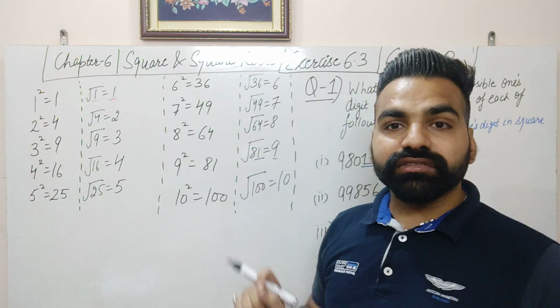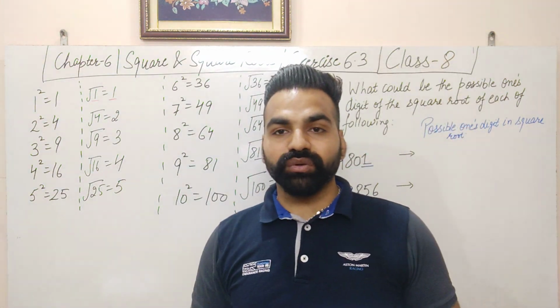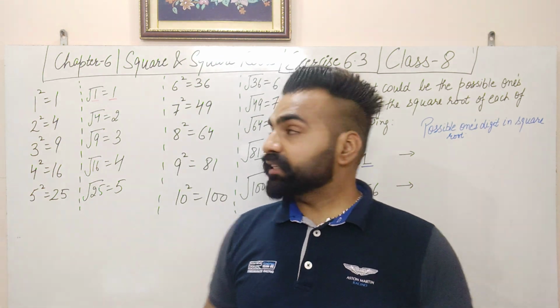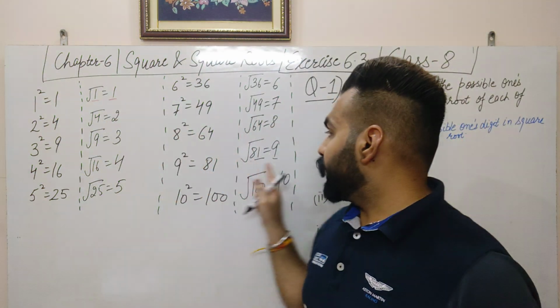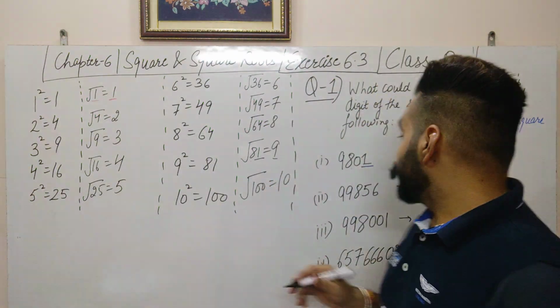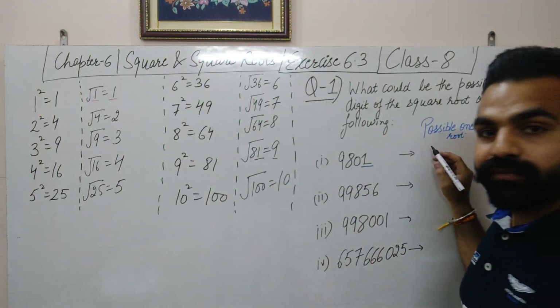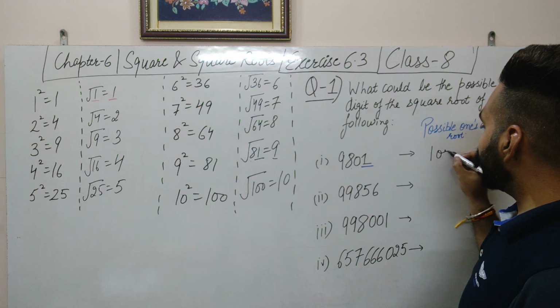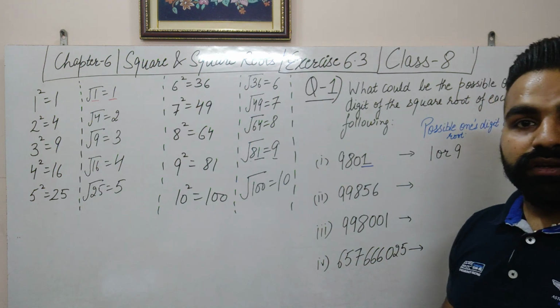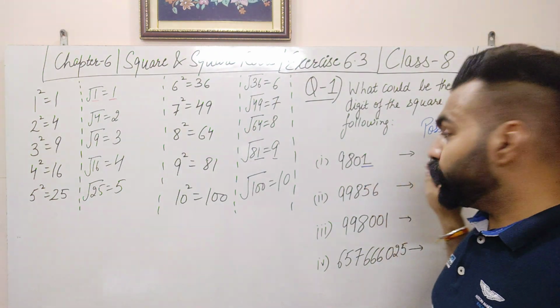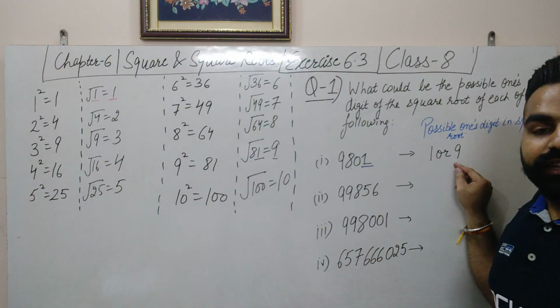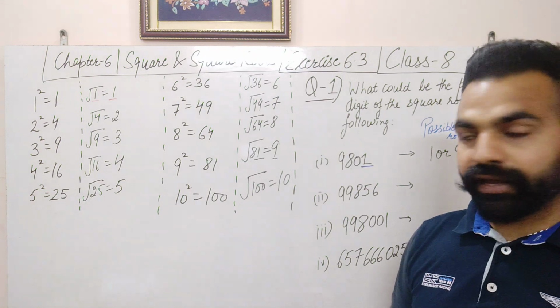So whenever the unit digit of the perfect square is 1, there are two cases. The unit digit of its square root can be either 1 or 9. So if the unit place is 1 in the perfect square, then the unit digit in its square root will be either 1 or 9.